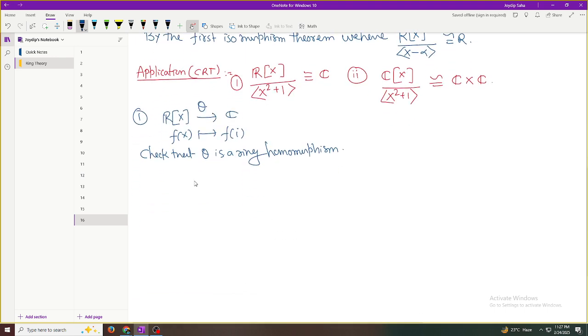Now again we will compute the kernel of theta and we will show that theta is surjective.